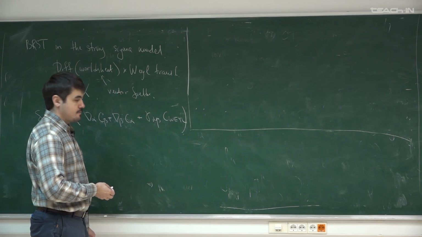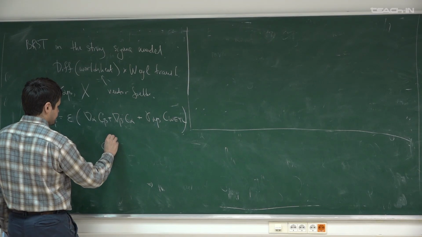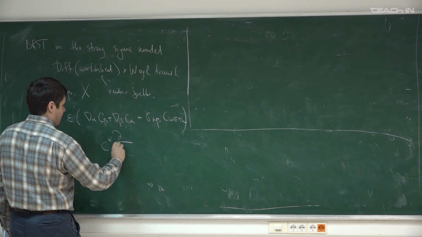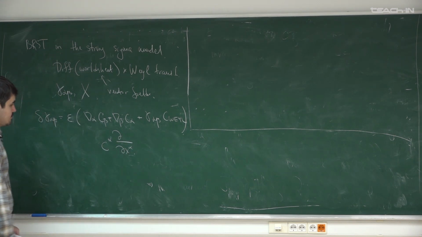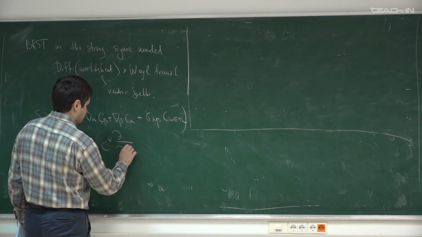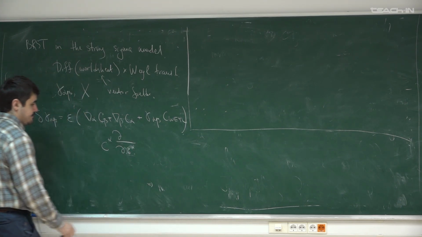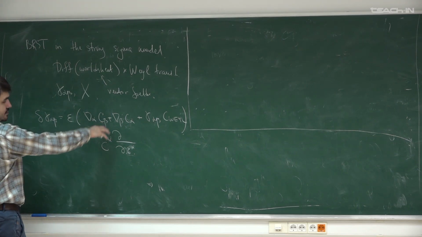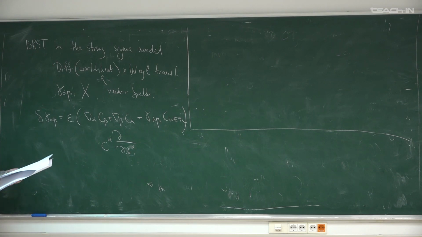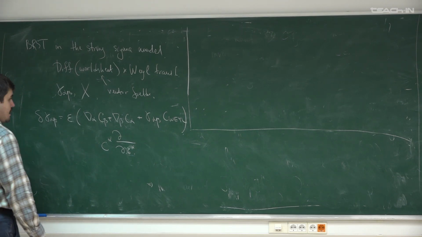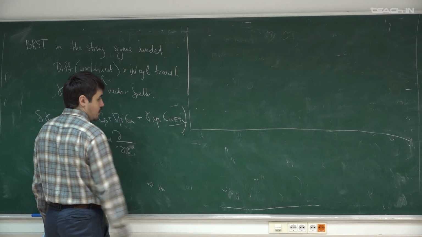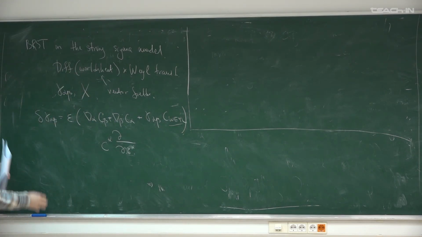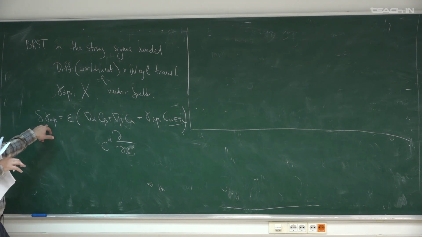So you should think of the ghost as a Grassmann odd vector field on your worldsheet. Here I've lowered the indices, but that I can do using the metric. And there's also a ghost for Weyl symmetry. This is just the variation of your metric with respect to Weyl symmetry.